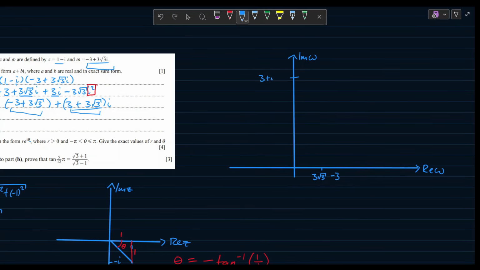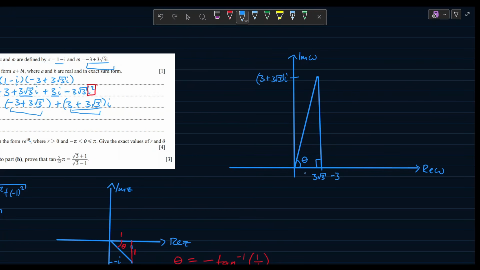3 plus 3√3 i. And so our complex number would be here. So let's draw a line going to our complex number, and we want its argument. So this is a right angle, and we want to find its argument.